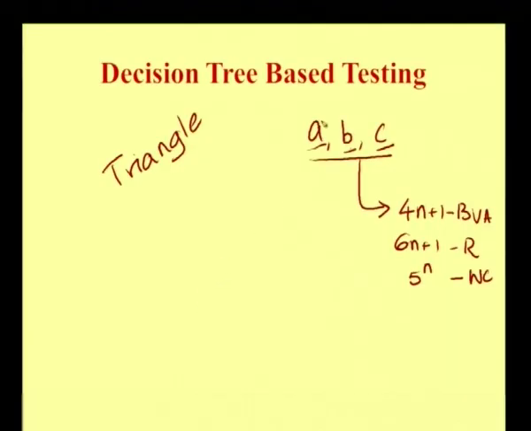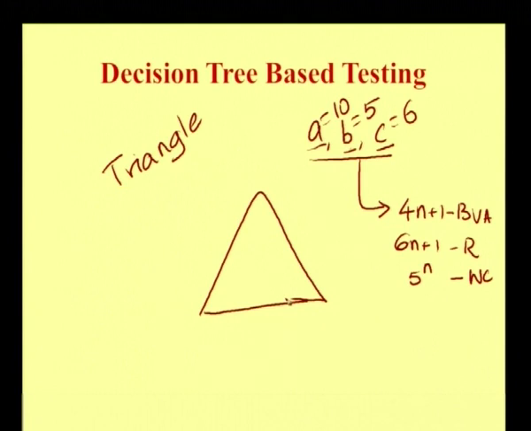Say for example, I draw a line of A which is 10 centimeter, another line of B which is 5 centimeter, another line of C which is 6 centimeter. If those values represent three different combinations, can this be a triangle? In such cases, what type of triangle is it?